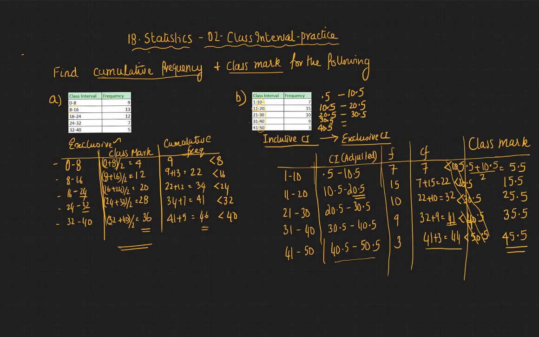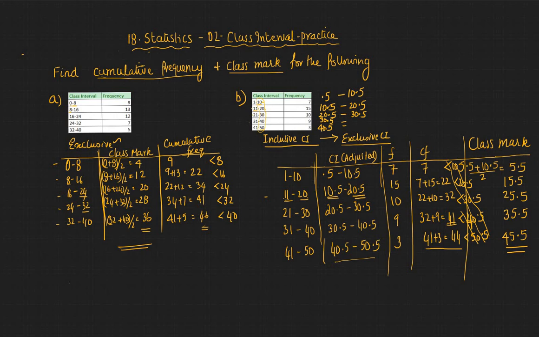You can clearly see that the class mark has not changed by your adjustment. You can see that 20 plus 11 is 31, divided by 2 is 15.5, and here as well the sum of these values will be the same, which is 31, because we subtract a quantity from this and then add a quantity to this, so the net effect is the same.